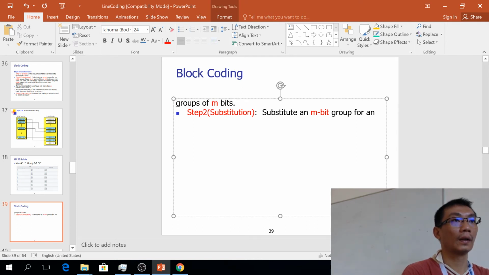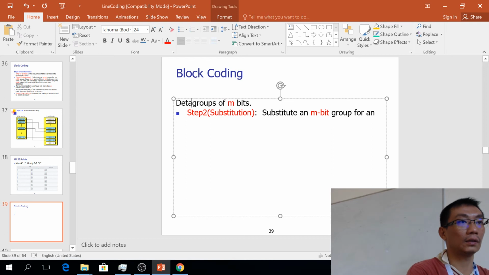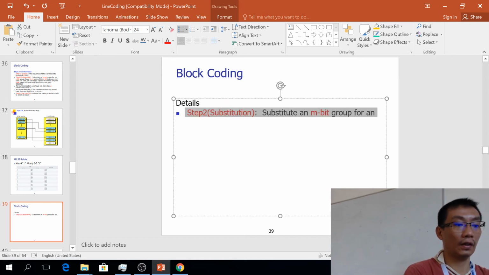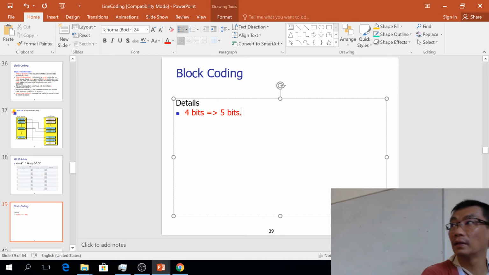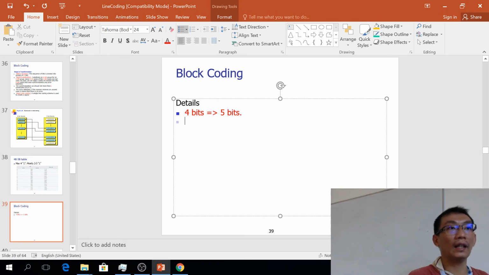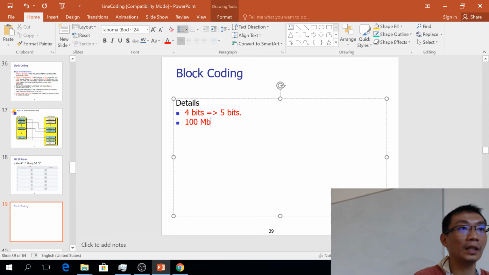Okay. That's just details. So you have 4 bits. You map to 5 bits, isn't it? Correct? So what happened is that you have 100 megabits. Actually, what you need is you need a clock that is 1.2 times faster, isn't it?